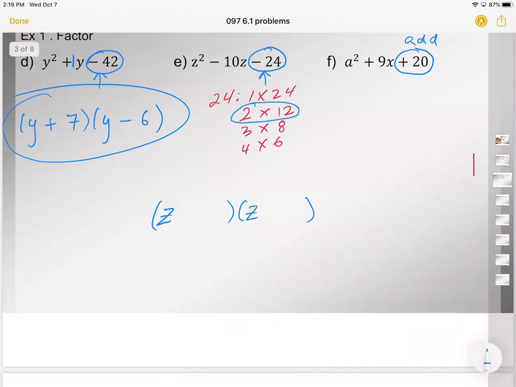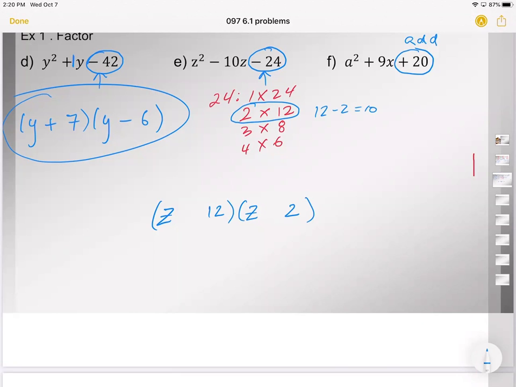hopefully you see that we have 12 minus 2, and 12 minus 2 gives us 10, right? We think in terms of subtraction, so we have to use the 12 and the 2. 12 times 2 is 24, and 12 take away 2 is 10.